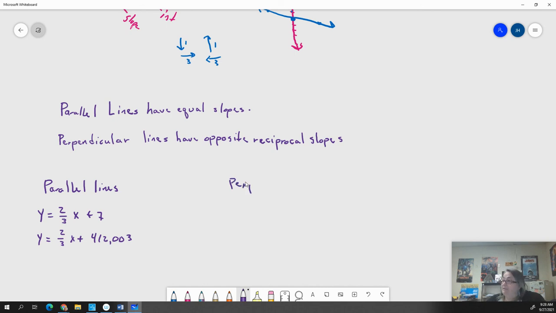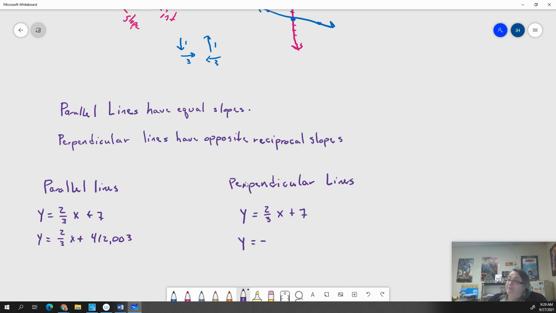Perpendicular lines have opposite reciprocal slopes. So if I have y equals 2/3 x plus 7, a perpendicular line would have an opposite sign, so it would be negative.